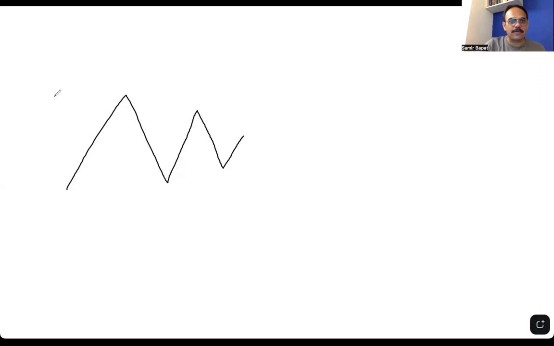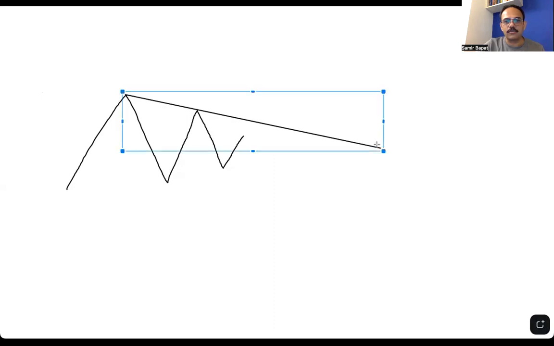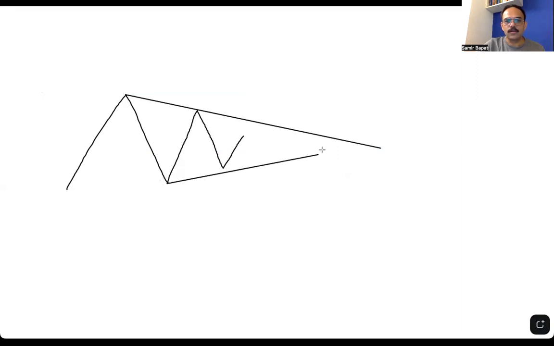When you see such price movement, then if you join it with a line and extend up to some extent, and the bottom ones also, you extend, then you will see, okay, should I change the color?